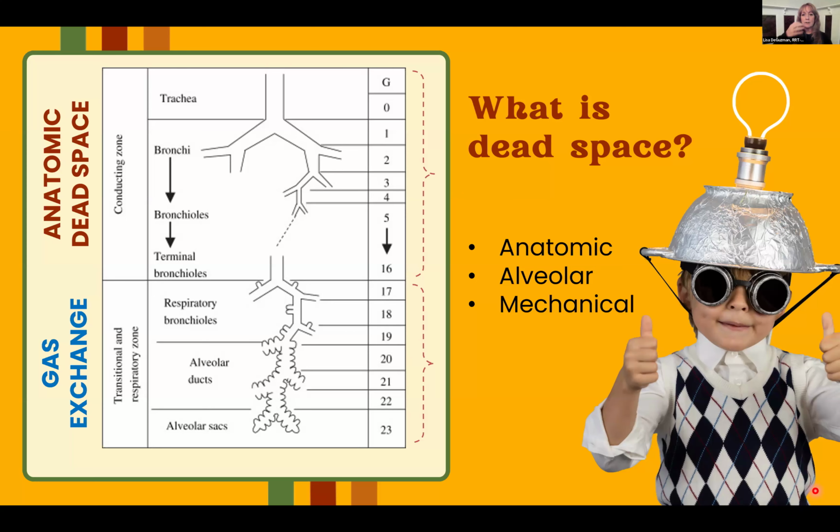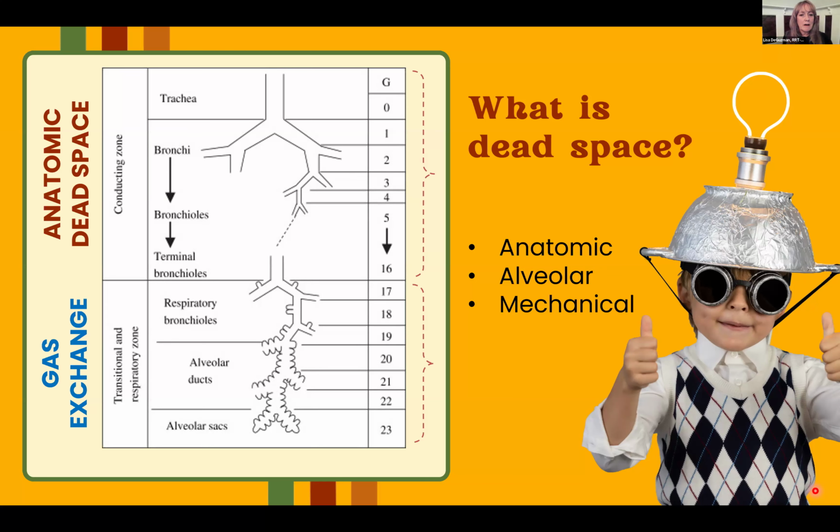And then mechanical is the dead space that we add if you had a mask and tubing, or an endotracheal tube that sticks out and tubing. That's called mechanical dead space. I will say most devices nowadays do compensate for the mechanical dead space, but it is part of dead space when we're looking at dead space in general.